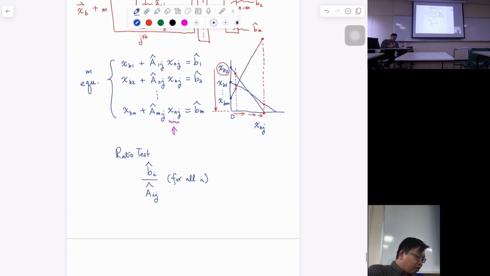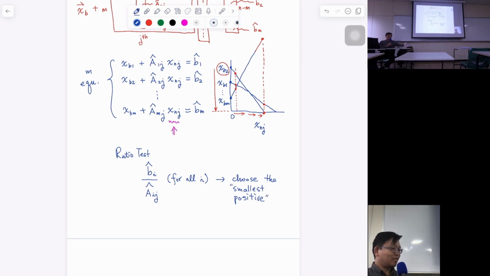After that, we are going to choose the smallest positive one. It has to be positive and it has to be the smallest. The function with the steepest dropping speed is when this ratio is positive and the smallest, then it drops the fastest.